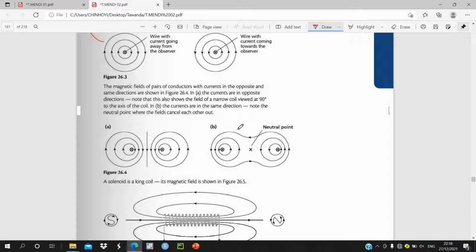So you need to take note of the type of pattern that you are going to observe when we have two conductors carrying current. If they are in different directions, we are going to observe the forces of attraction. If they are in the same direction, we are going to observe the forces of repulsion.